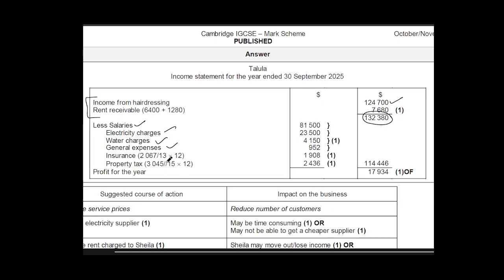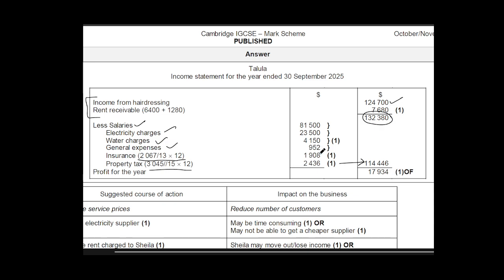These two were the adjustments. They have also shown how you will calculate these, and the final figure comes here. The total expenses, their answer is shifted here, and then we subtract total expenses 114,446 from 132,380, and the profit for the year is 17,934.